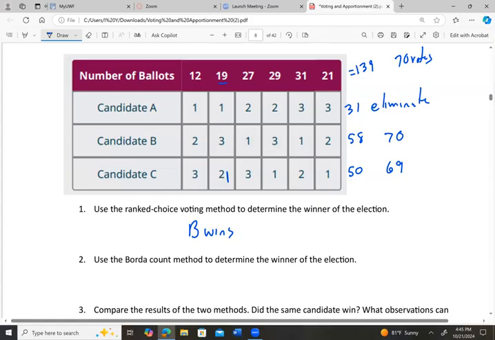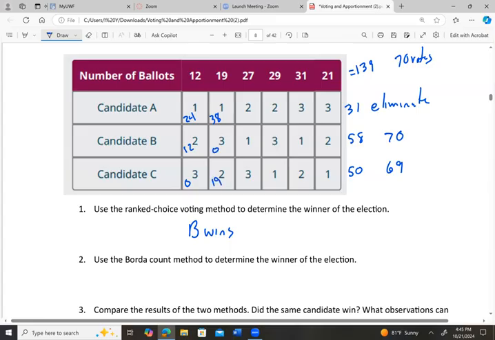Okay, next we want to use the Borda count method to determine the winner. So there are 2 people below first place, so this is 2 times 12, or 24. And that's 12. That's 38. That's 0.